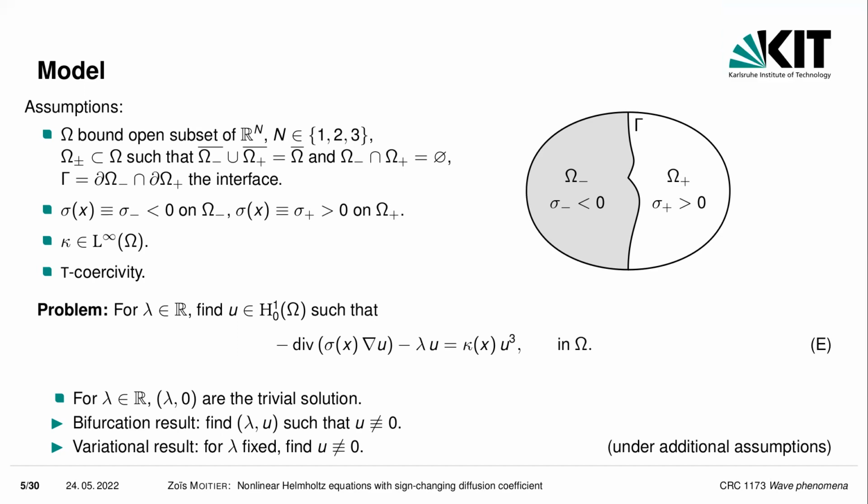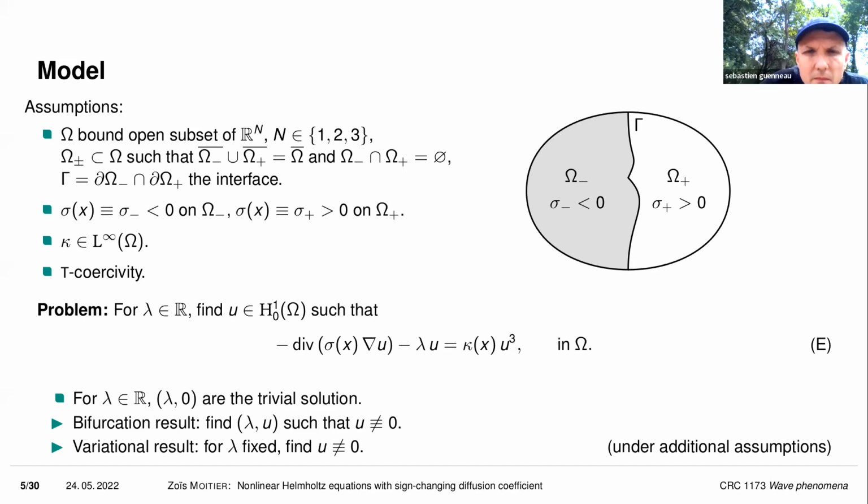What you essentially need for these bifurcation issues is that your nonlinearity is superlinear near 0. So u cubed could be u to the alpha, where alpha is bigger than 1.